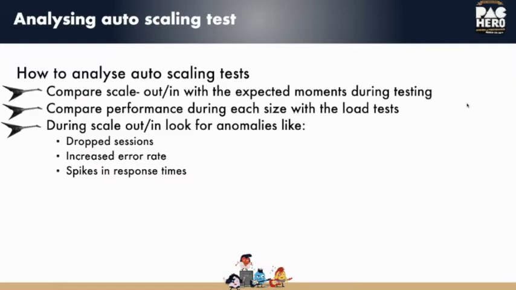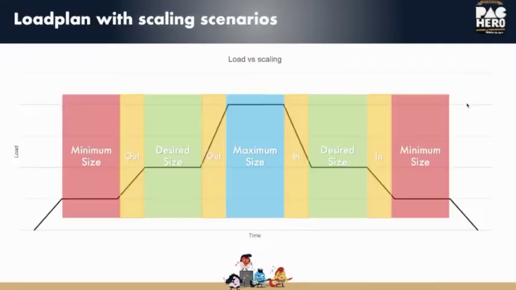But you're also comparing scaling up and down with the expected moments during testing. So if you go back to this graph, when your test is done, you can look at the metrics in AWS or Azure and see when the system scales up and down, and whether it matches the expectations I had during my testing.